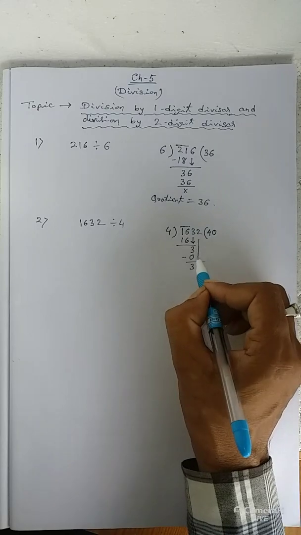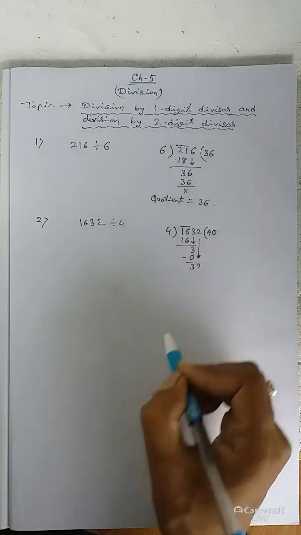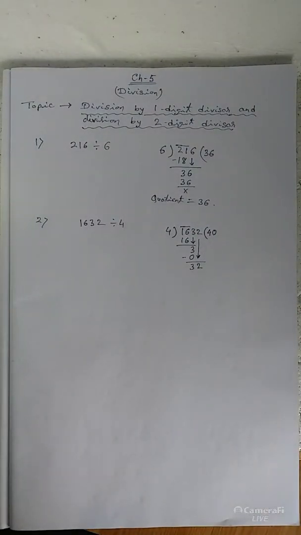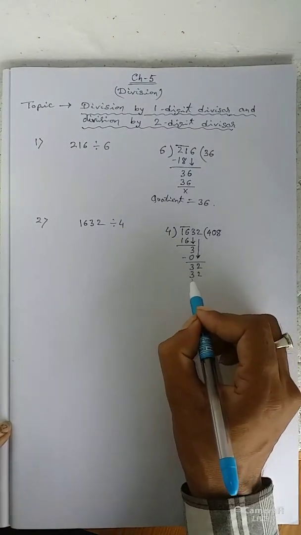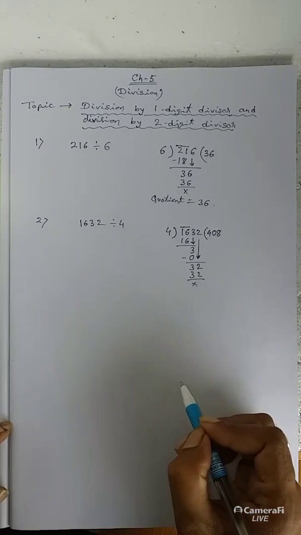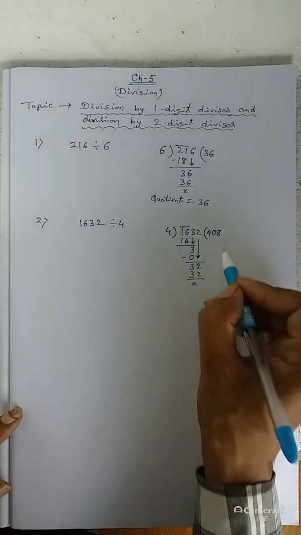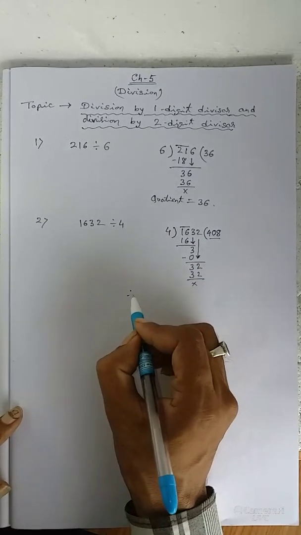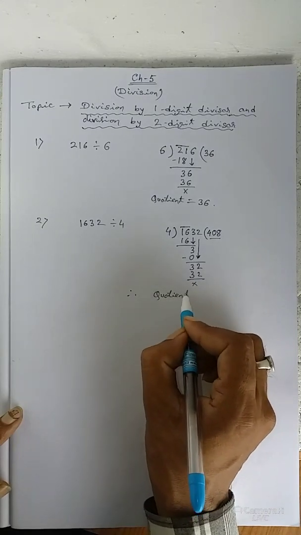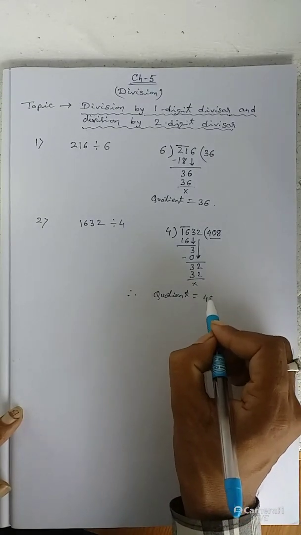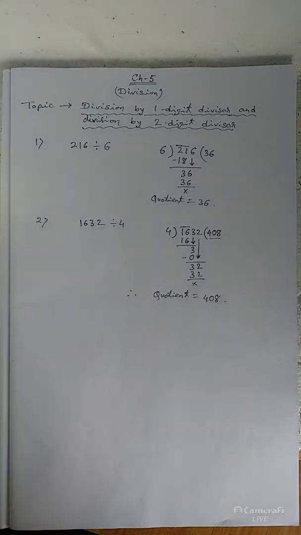Now take the next digit 2, making 32. Now 4 8 is 32. So the division is completed here and our result becomes 408. Therefore, we can write that the quotient here is 408.